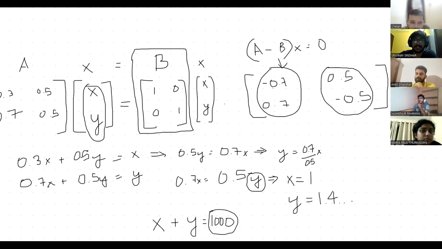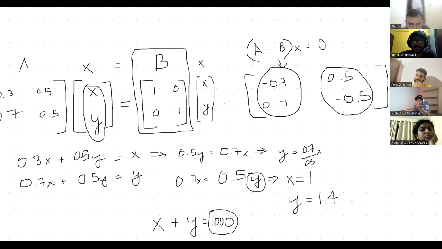This is just minus 1, 1 and 1, minus 1, right? So minus 1, 1 lies here, and 1, minus 1 lies here. So this is minus 1, this is 1, this is minus 1 and this is 1, right?